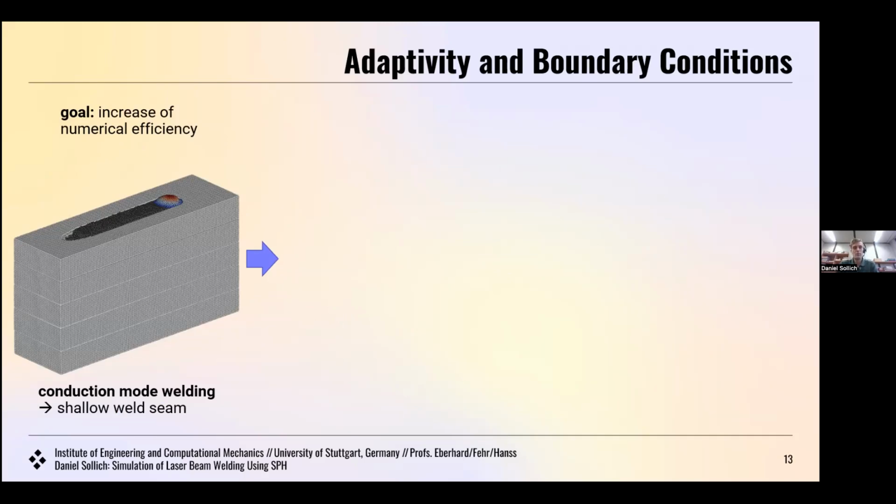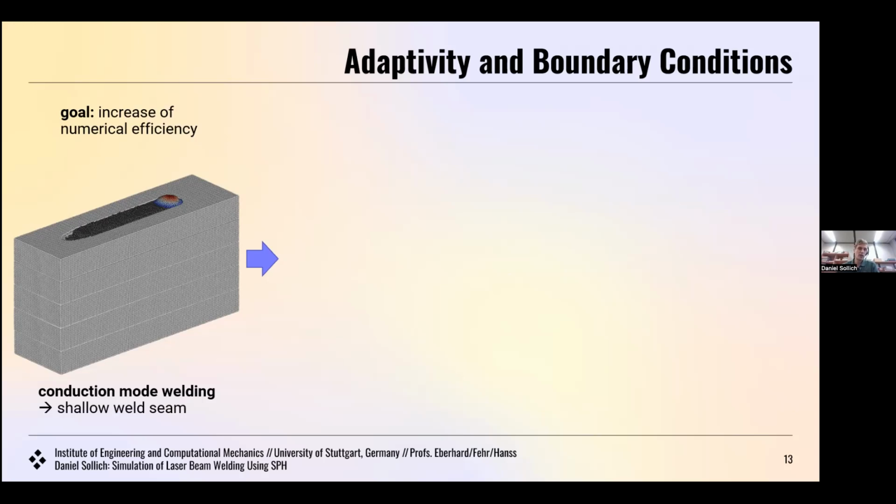So here we have a look at the conduction mode welding process, which means that we only have a surface melt pool and also a shallow weld seam. In order to simulate the process very accurately, we would need to represent the whole workpiece and use adiabatic boundary conditions to represent the thermal properties exactly.